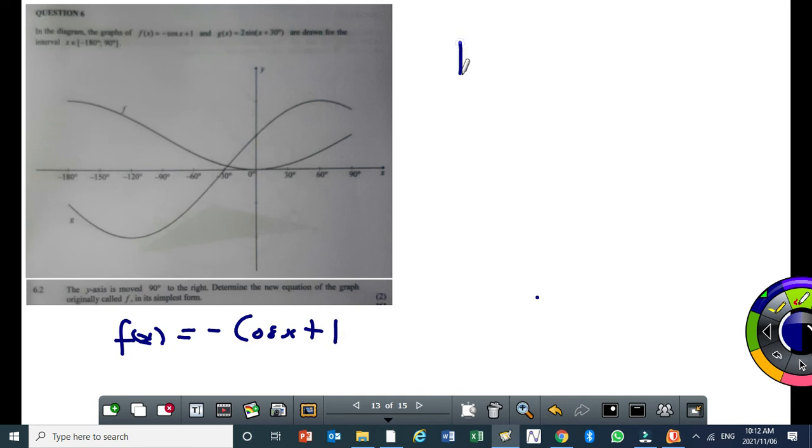So this will become h of x equals minus cos x. If you move to the left, that will be plus 90 degrees. Plus 1.